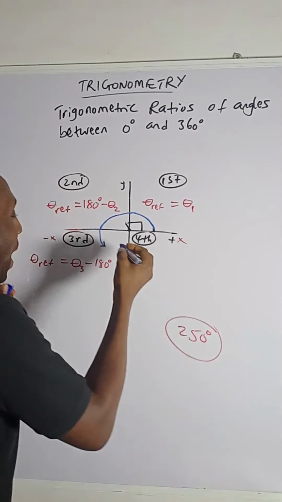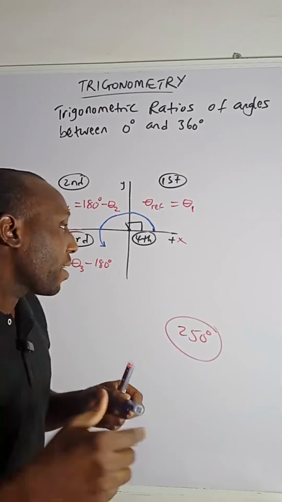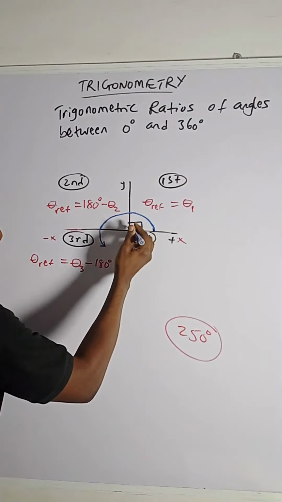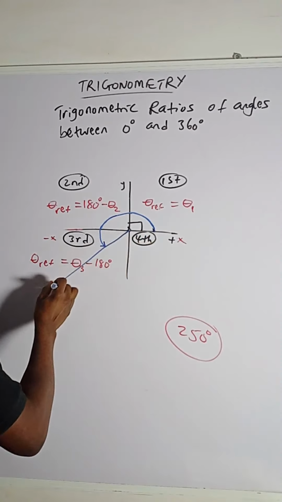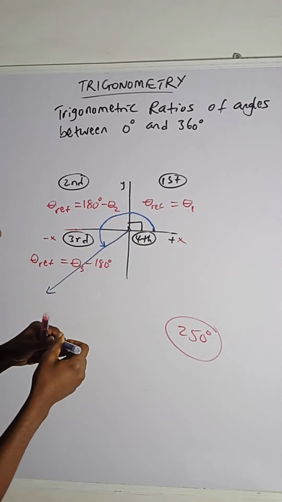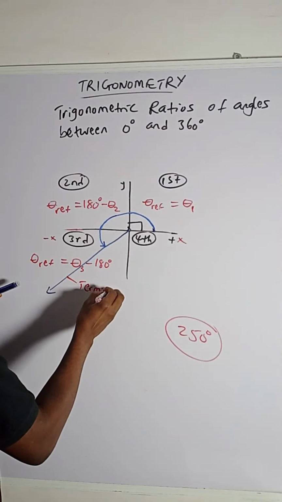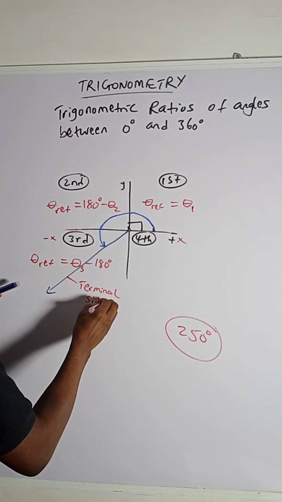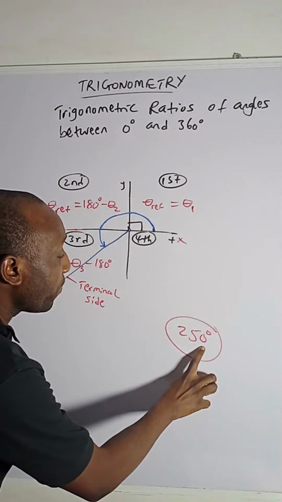I'm now going to draw my terminal side, like I explained before. From this origin here, I just draw the angle, going like this. What I have here is the terminal side. This is 250 degrees.